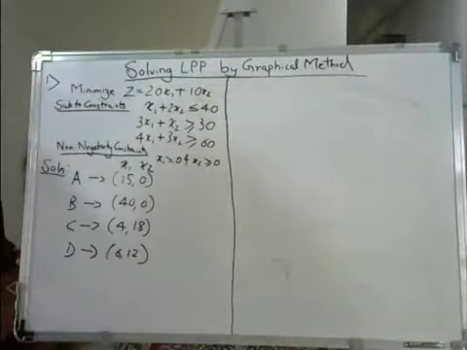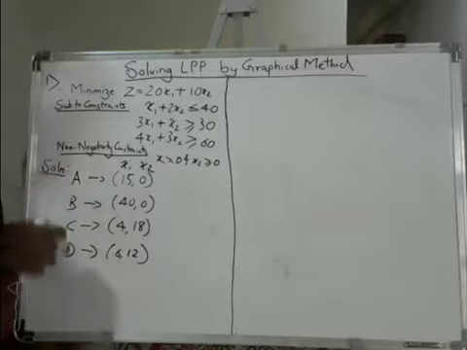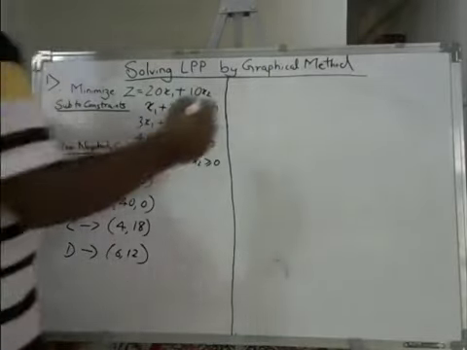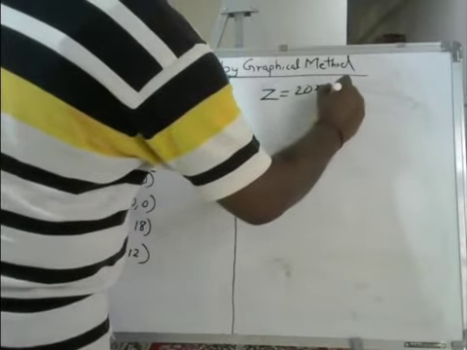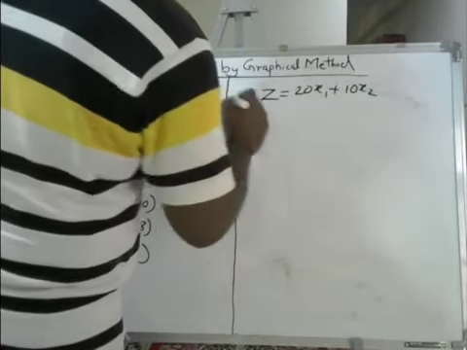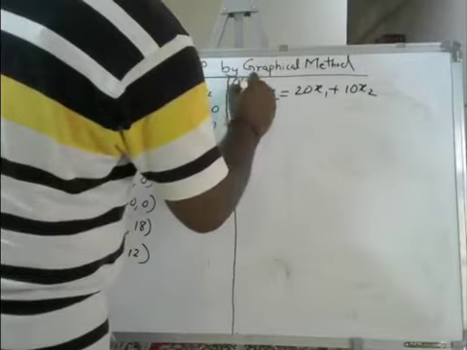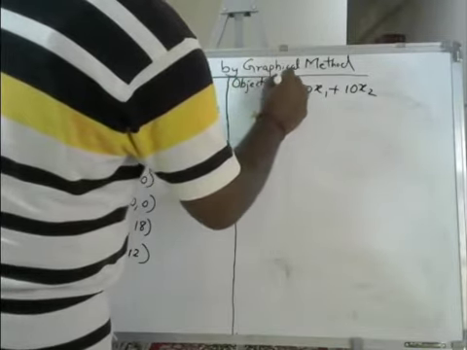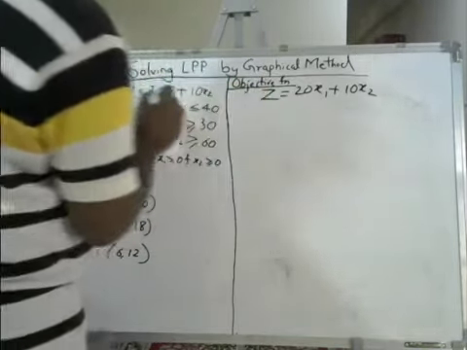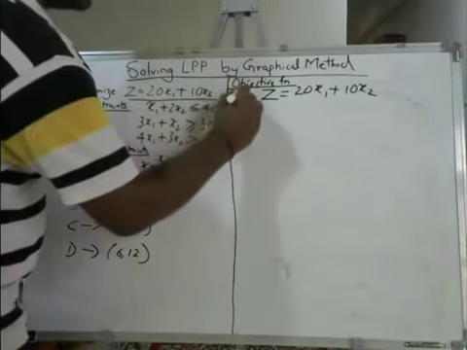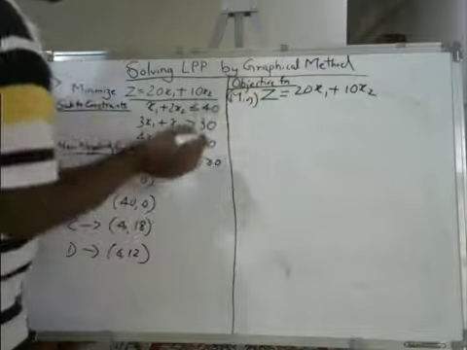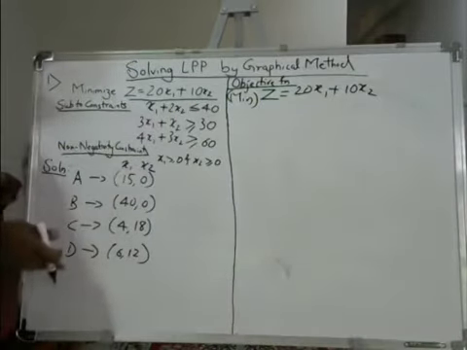So what we have to do is substitute this feasible region into the objective function, that is z is equal to 20x1 plus 10x2. This is the objective function. So we are trying to basically minimize the objective function. So we have to take the minimum most value amongst these 4.